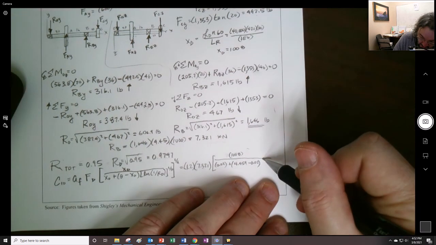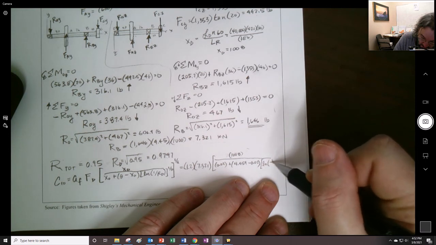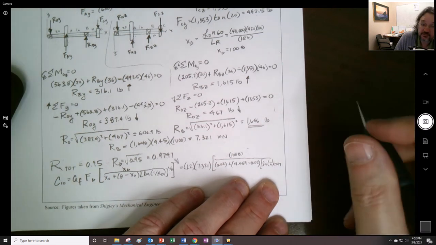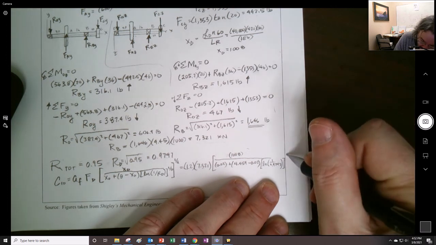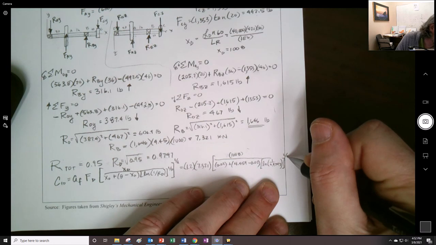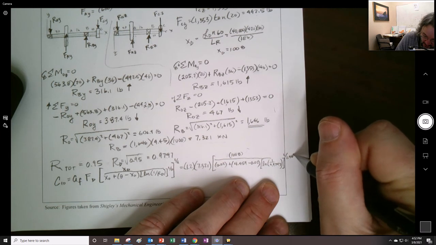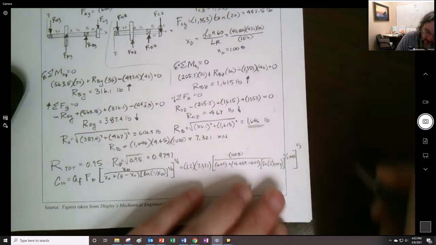Here's where I get a little bit of difference: 1 over 0.9747, and I ran out of room, of course. 1 over 1.483, all raised to the 1 over 3.